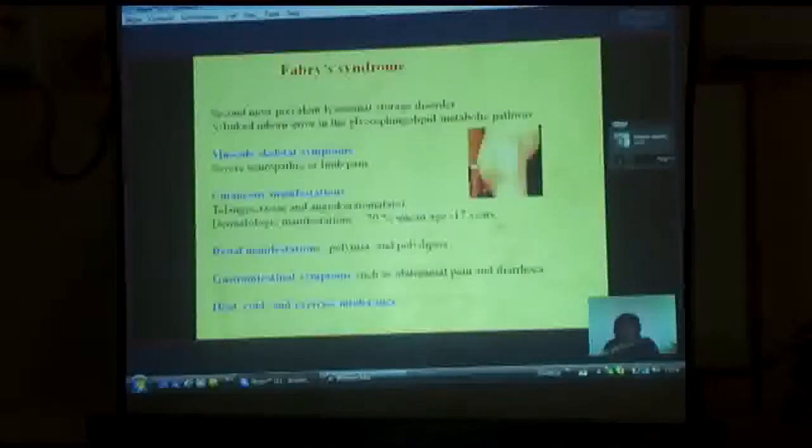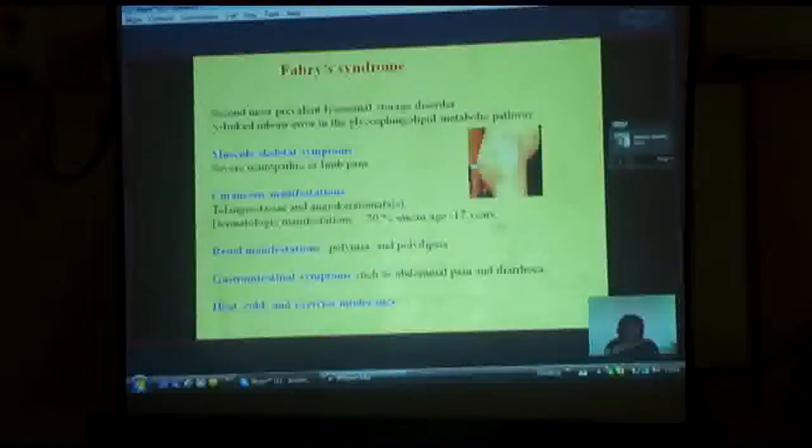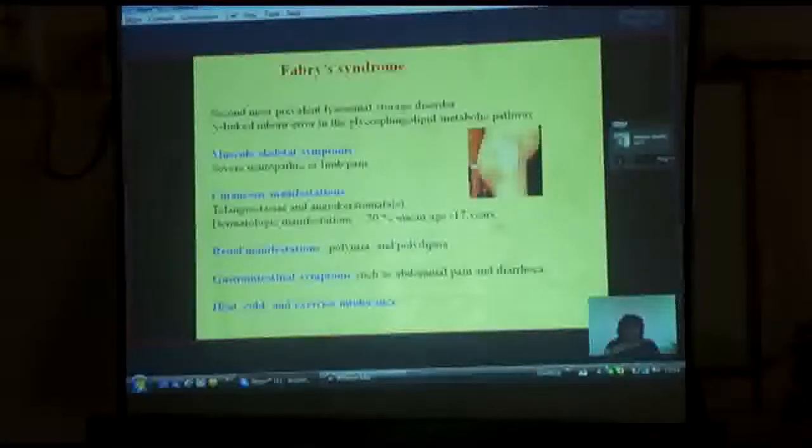Fabry syndrome, the prevalence is 1 in 17,000 to 1 in 100,000. This is the second most prevalent lysosomal storage disorder. It's an X-linked inborn error in the glycosphingolipid metabolic pathway. As rheumatologists, we see them with severe neuropathic or limb pain, and there are characteristic cutaneous manifestations, mainly telangiectasia or angiokeratomas.